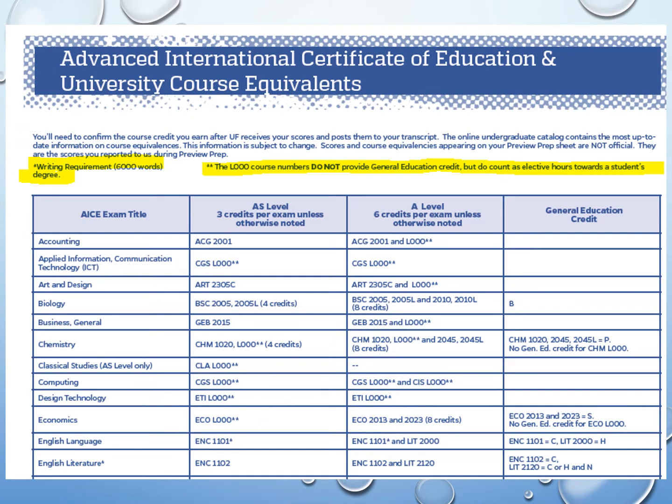As promised, here we finally have the workbook page, so you can see what that looks like in regards to the ACE awarding of credits. As you can see, I highlighted at the top of the page where it talks about the writing requirement and the L000 course number that doesn't provide general education credit, as a reminder. You may notice that these are flipped in terms of what the order is in the undergraduate catalog.